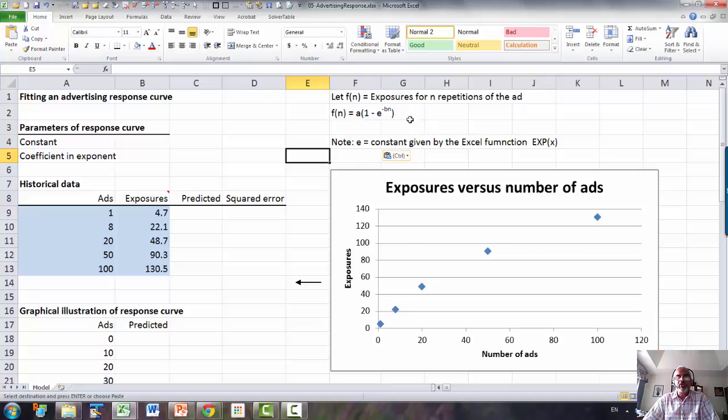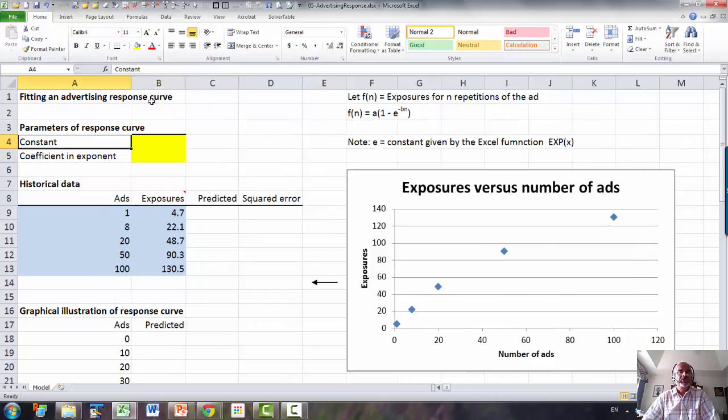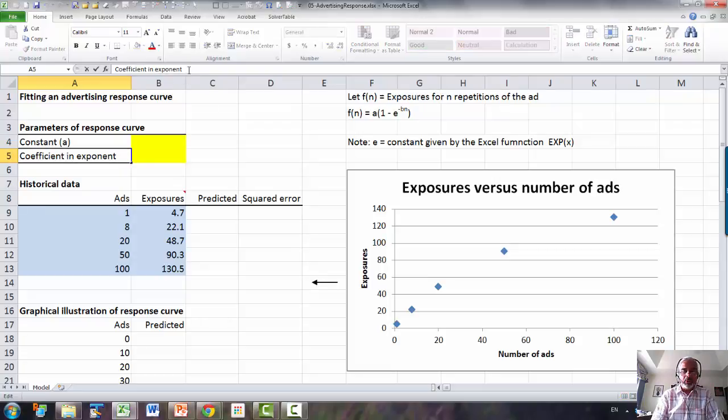It's going to look like this: A times (1 minus e to the power of minus b N), where a and b are constants. That's what we have to find. So this is our a, and this is b, and we want to find those.